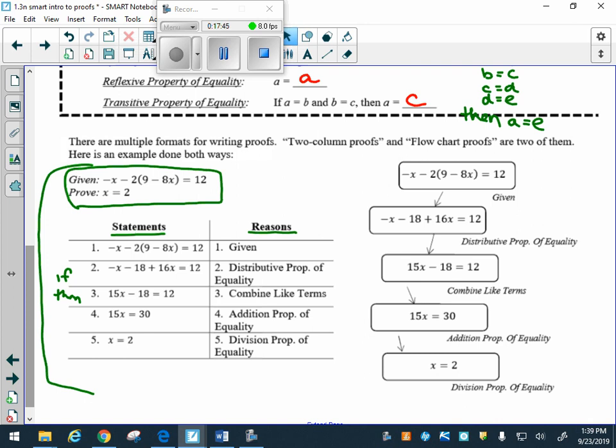Why? Well, if this is true, then 15x minus 18 equals 12 is true because we combine like terms. And then I can move this down again. If that's true, then this is true. Why? Because we added to both sides. Addition property. If this is true, then that's true by the division. Right? So these are the logical steps.